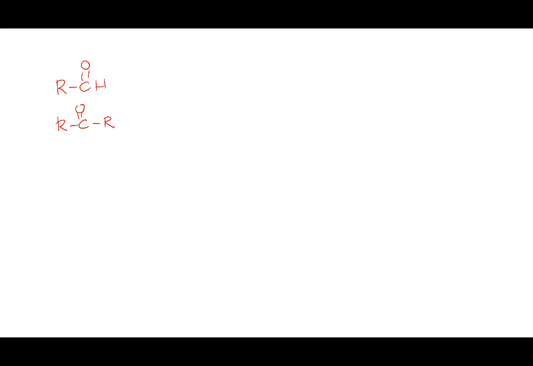Here's the reason that we're putting aldehydes and ketones together. Well, I should ask you this, right? I should have you pull out a piece of paper and write this down and then collect it at the end.